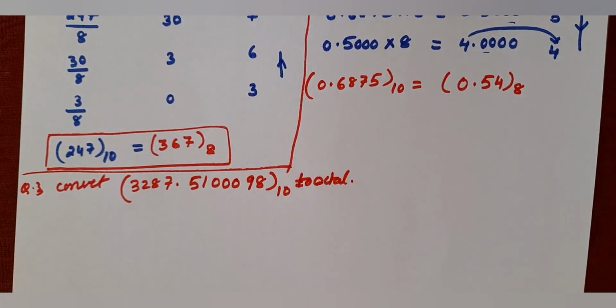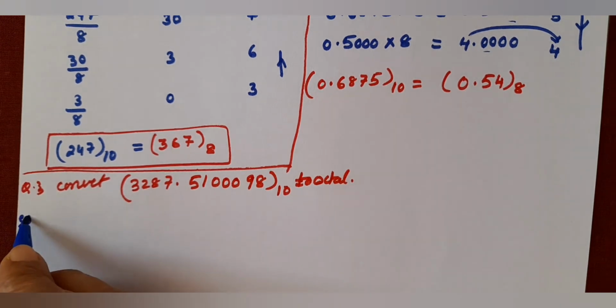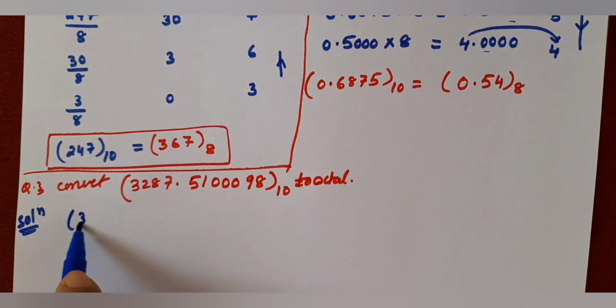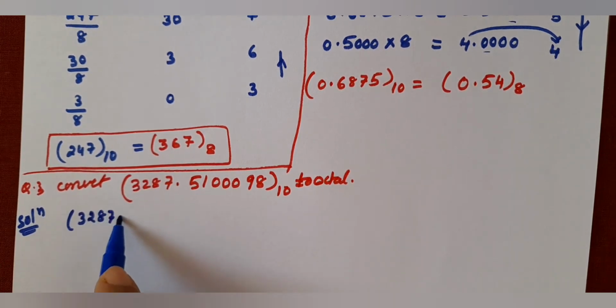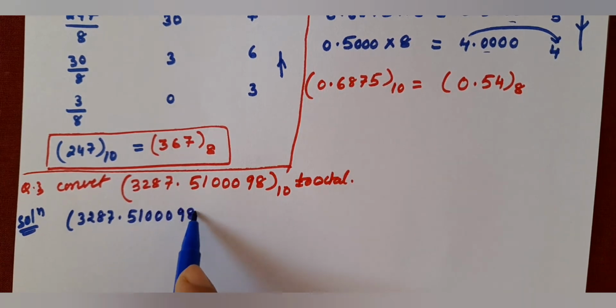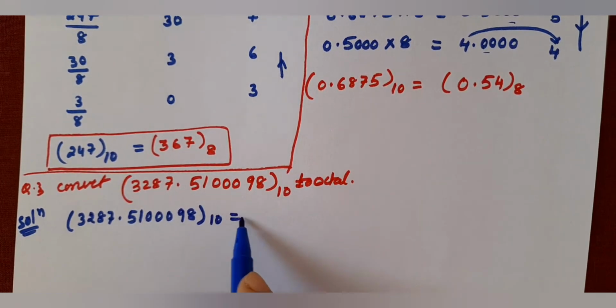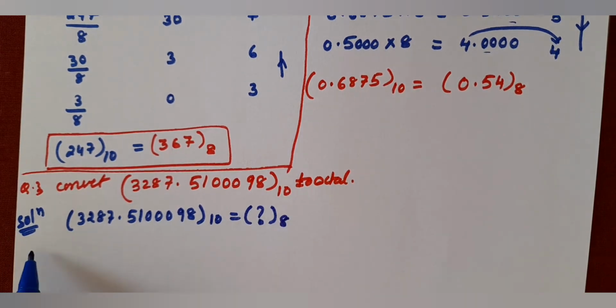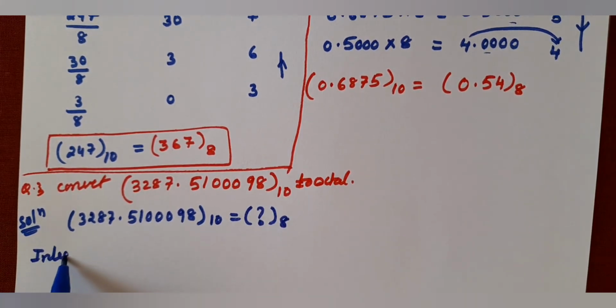Now it has an integral part as well as a fractional part. So first, what is the given question? 3287.510098 decimal to its equivalent octal. First the integral part: write the integral part and divide by 8.